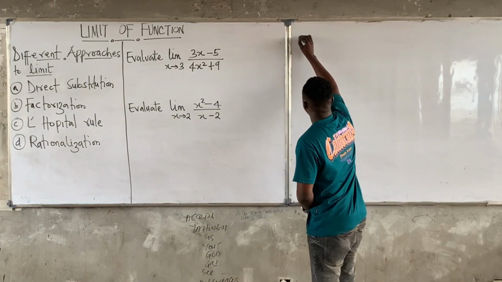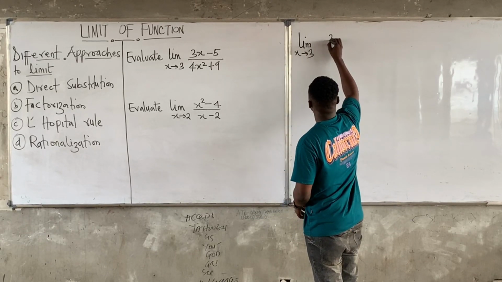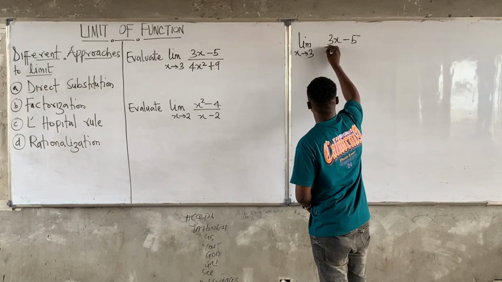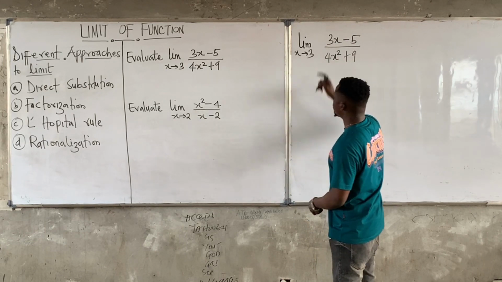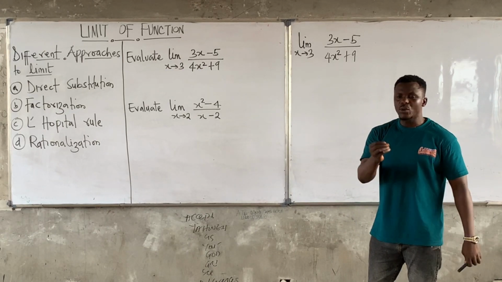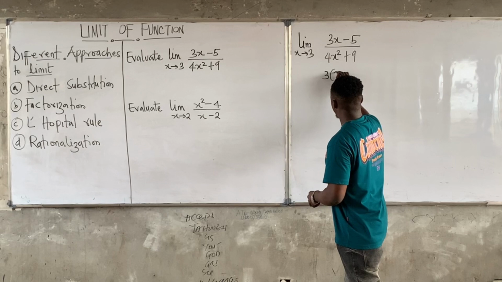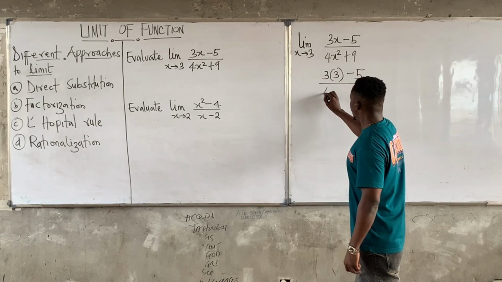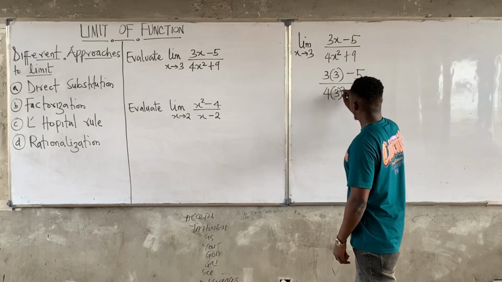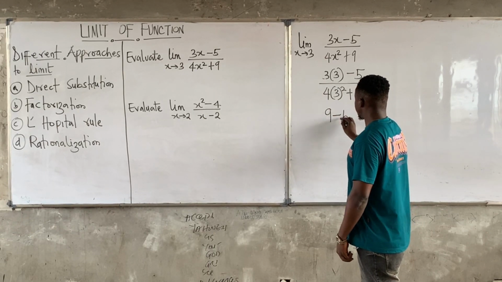For part a, as x tends to 3, we have 3x minus 5 divided by 4x squared plus 9. So let's substitute: anywhere we see x, we're going to insert 3. So this becomes 3 times 3 minus 5 divided by 4 times 3 squared plus 9. 3 times 3 is 9, minus 5.